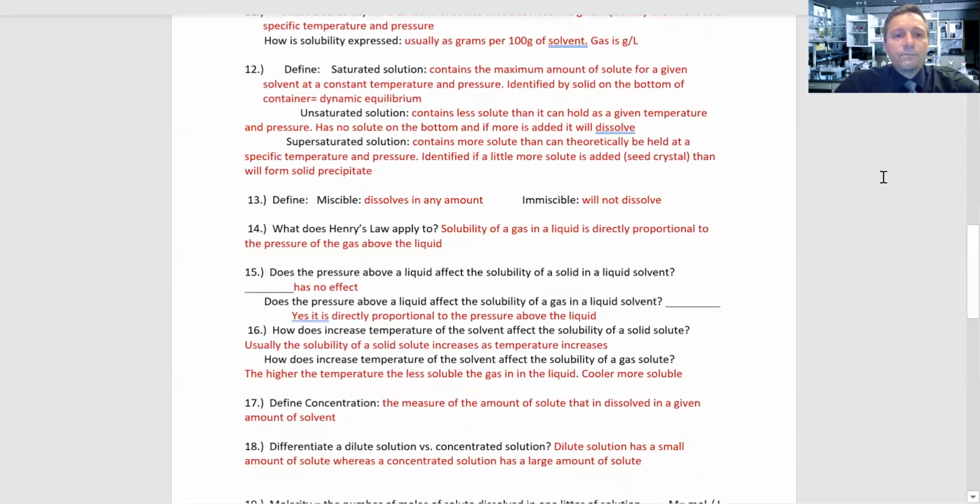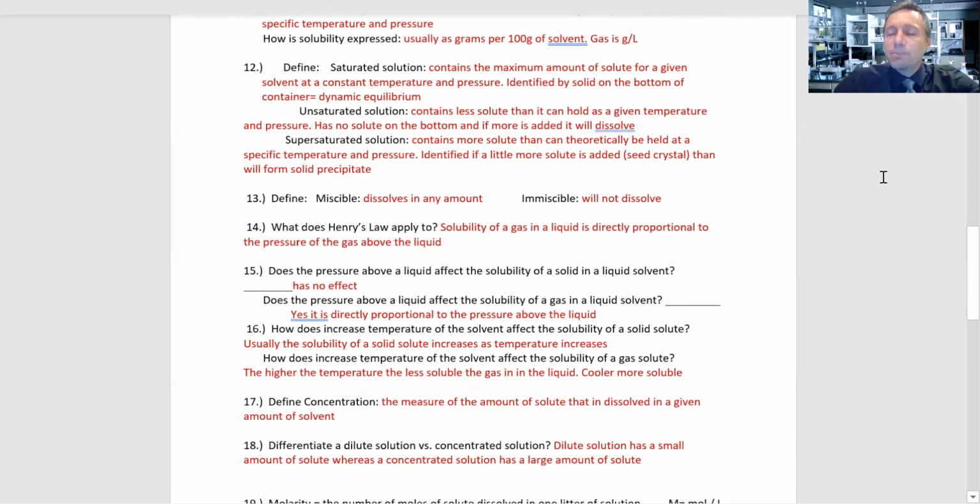Number 12, saturated solution. So please pay attention on this right here. These have some terms that distinguish them, and it's important to have an understanding. A saturated solution contains the maximum amount of solute for that given range of temperature and pressure.